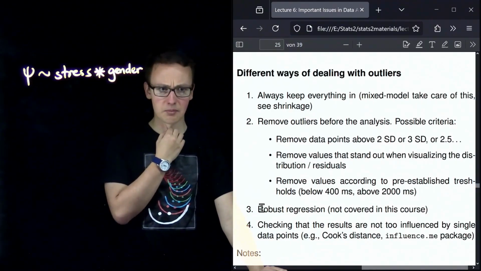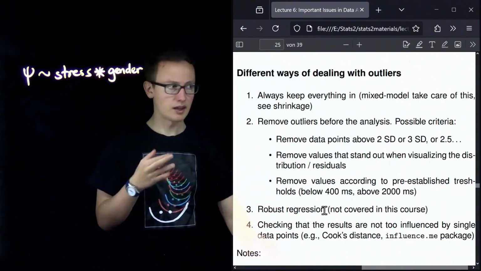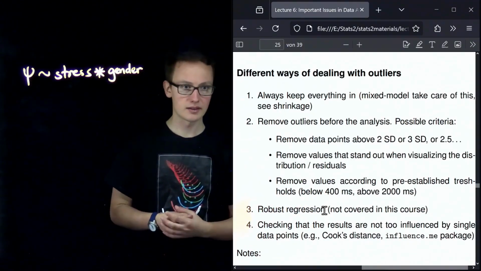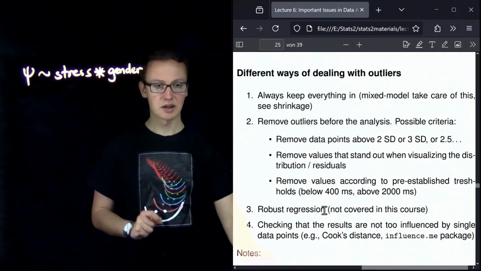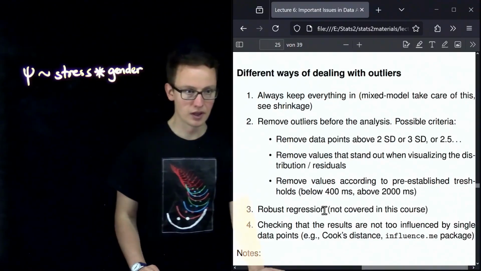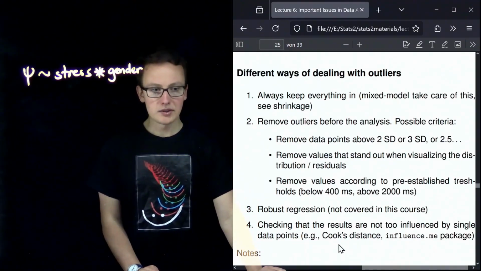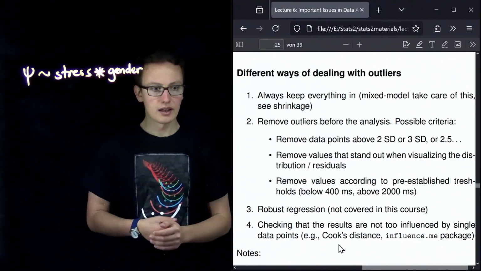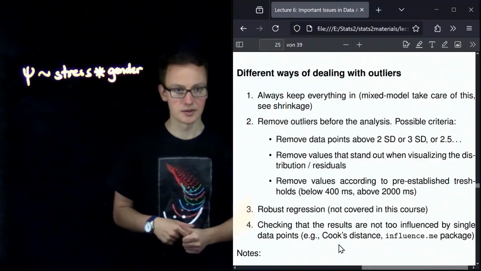There's also a concept called robust regression, which is a variant of regression that is more suited to tackling outliers. It's not something we're going to cover in this course, but you can look it up if you want. Also, there are ways to actually quantify how much your results are influenced by single data points.